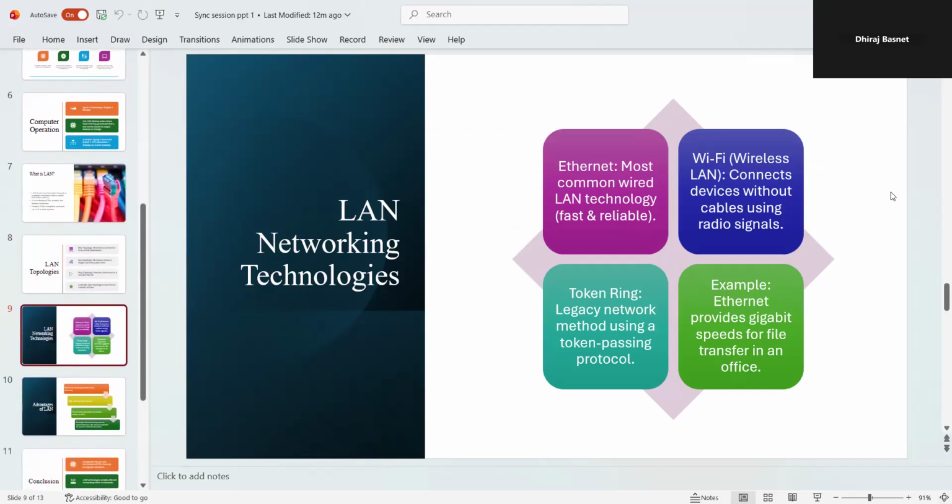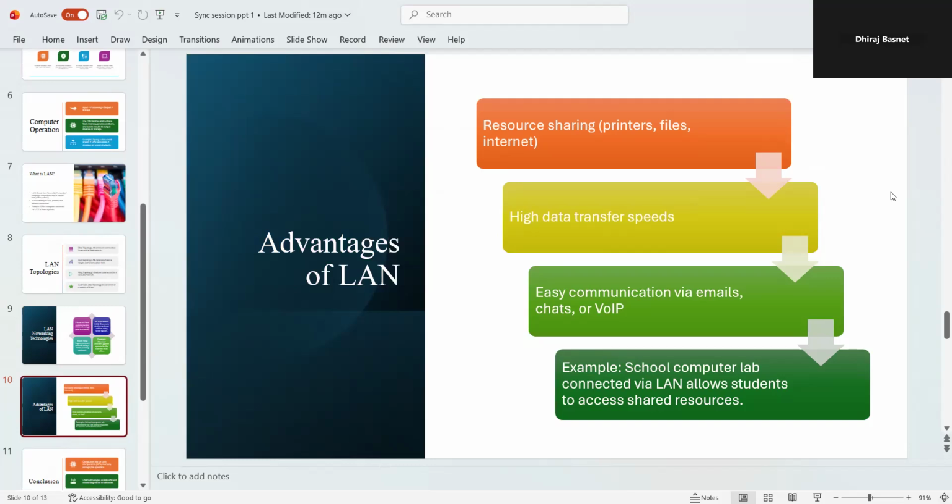So next is about the advantages of LAN. LANs provide several benefits. First is resource sharing. Printers, files, and internet connection can be shared efficiently. Second is high speed. LAN allows fast communication and data transfer between connected devices. Third is easy communication.